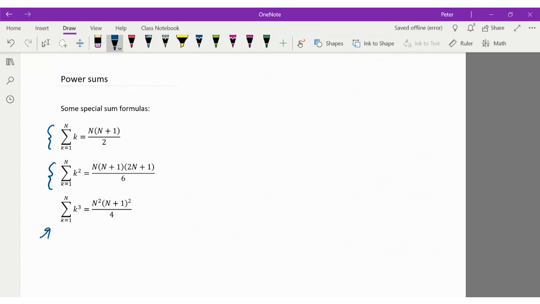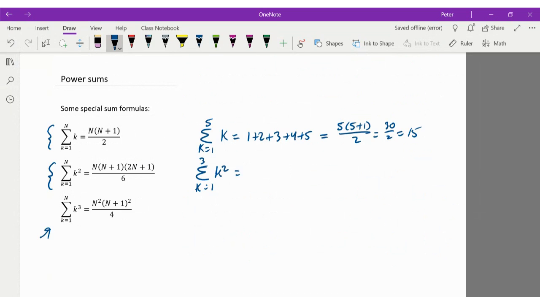So just as an example, the sum from k equals 1 to 5 of k, which equals 1 plus 2 plus 3 plus 4 plus 5, is equal to 5 times 5 plus 1 over 2, which is 30 over 2, or 15. And if you add up 1, 2, 3, 4, 5, that is in fact what you get. Now the sum from k equals 1 to 3 of k squared, it's a little harder to do this because the numbers are so big, is equal to 1 plus 4 plus 9.